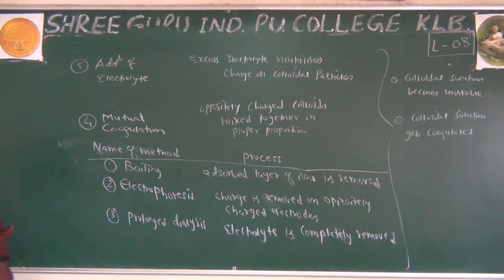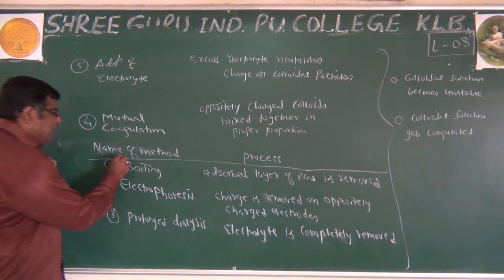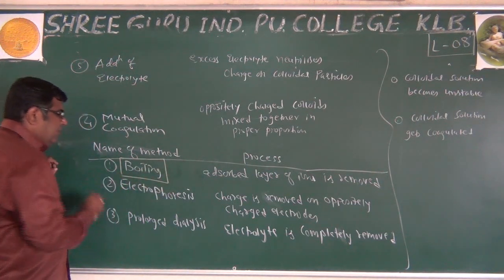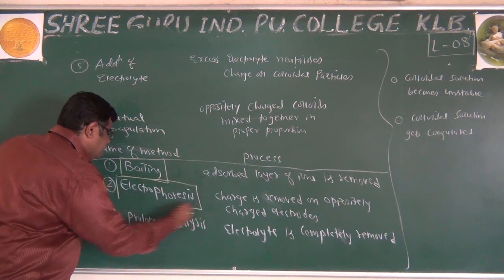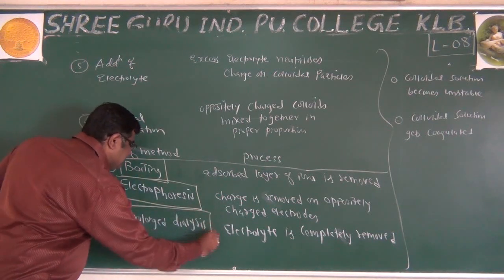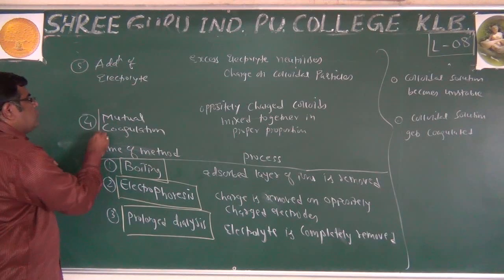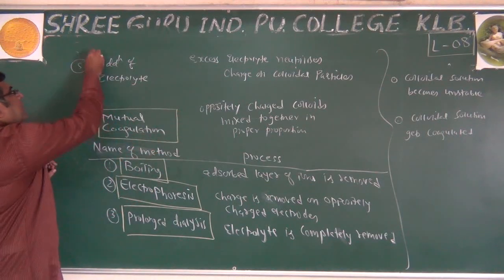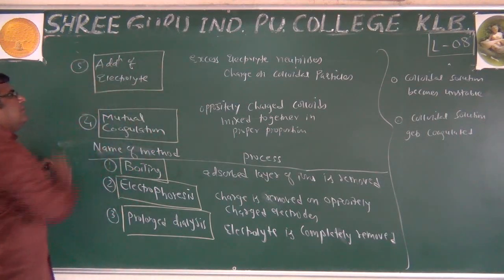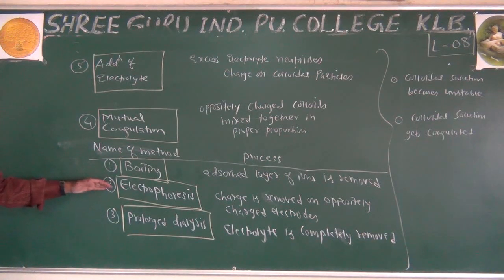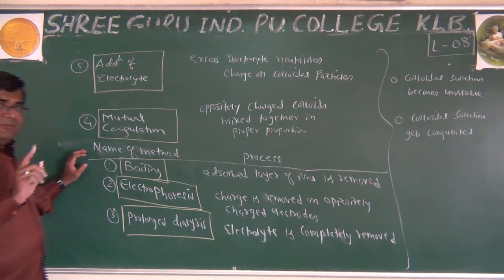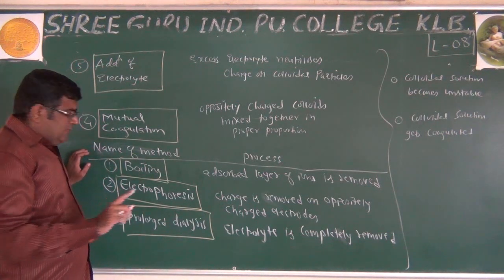So many times this question has been asked in the examination also. Mention the methods of coagulation: boiling, electrophoresis, prolonged dialysis, mutual coagulation, addition of electrolyte. These are the methods. If they ask us to mention the methods, you write all these methods. If they ask about a particular method, you should make two sentences.